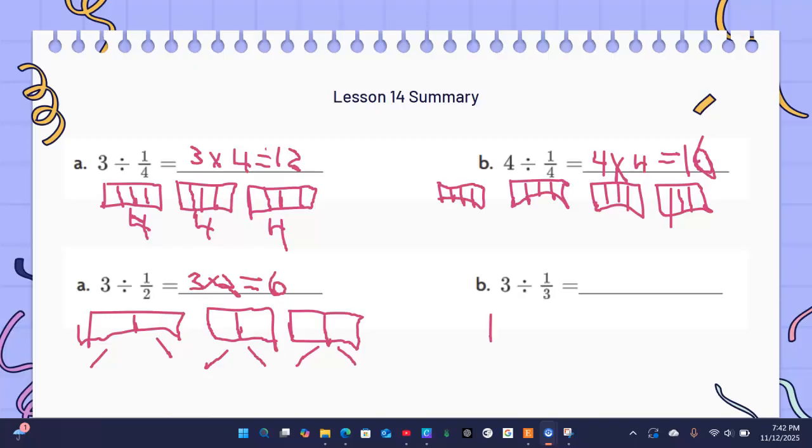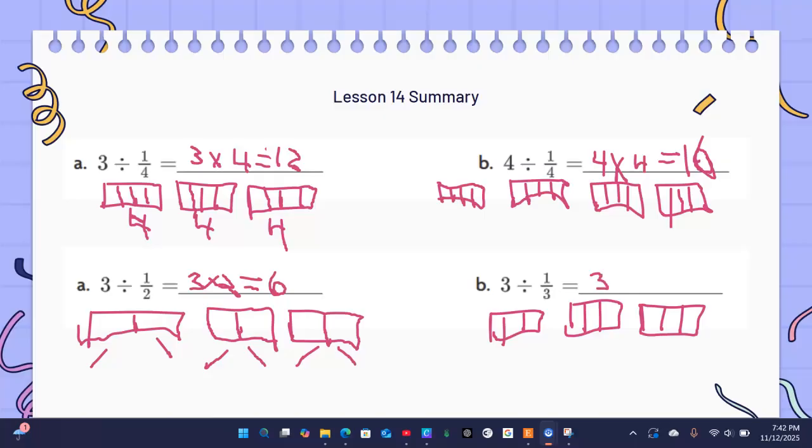Let's draw this one out real quick. So we have 3 groups of 1/3. Partition it out. Each group has 1/3. Okay. Again, if you had 3 pieces of paper and you rip them into 3 pieces, how many will you have?